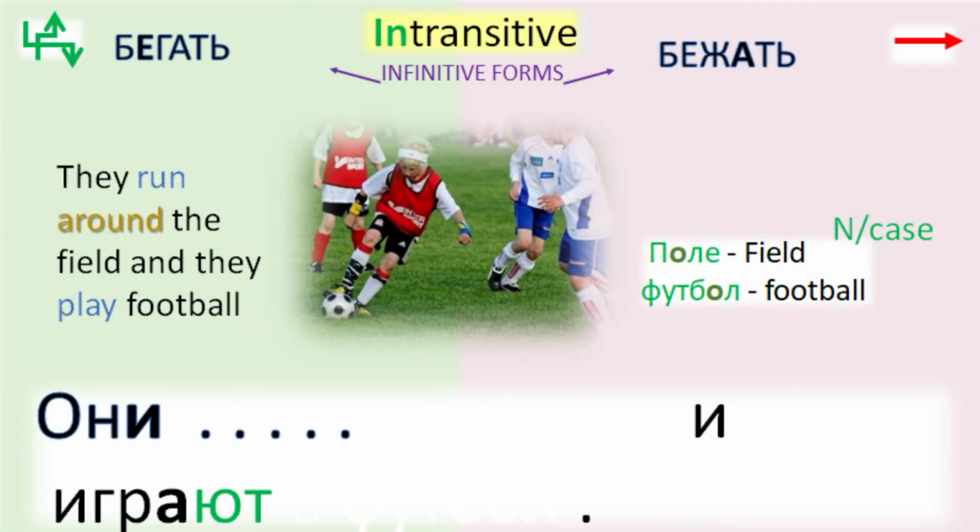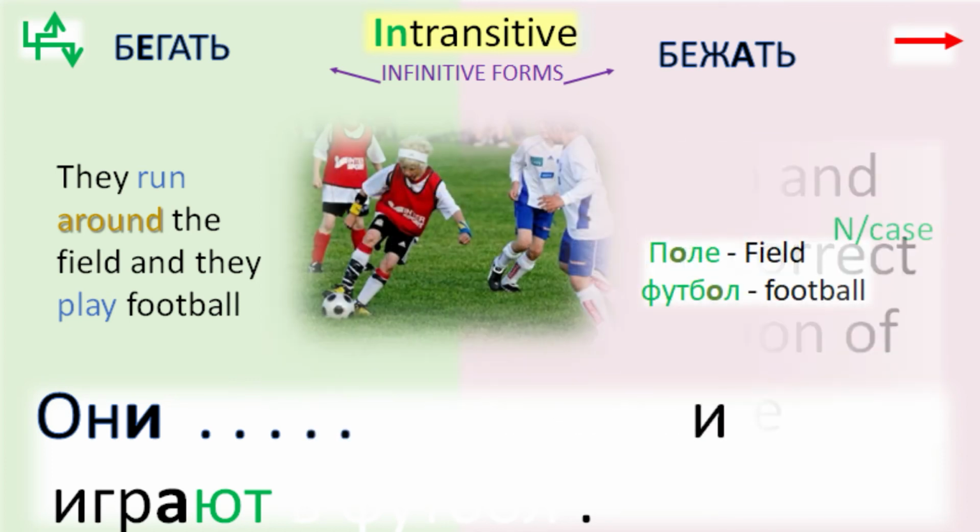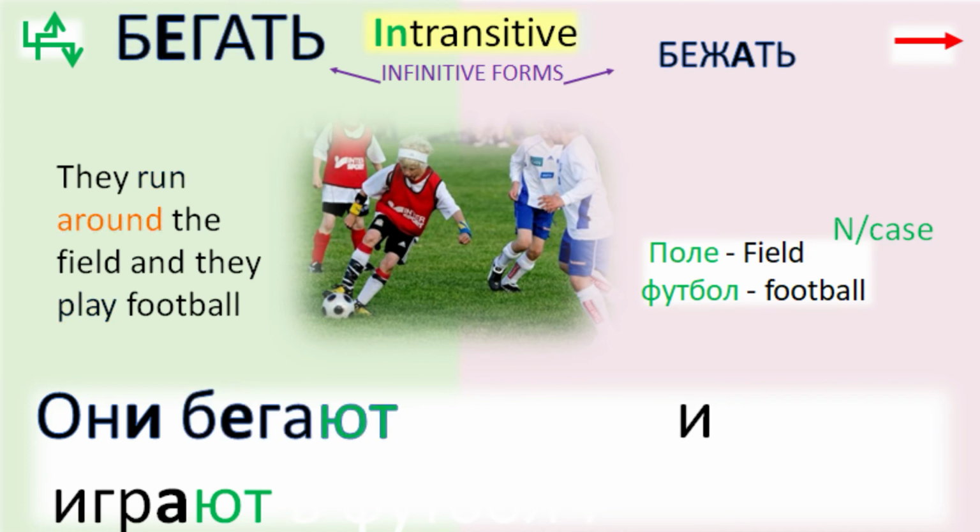They run around the field and they play football. See vocabulary 21 for Бегать, бежать. Pause the video. Around indicates that the verb should be multidirectional. Они бегают и играют.